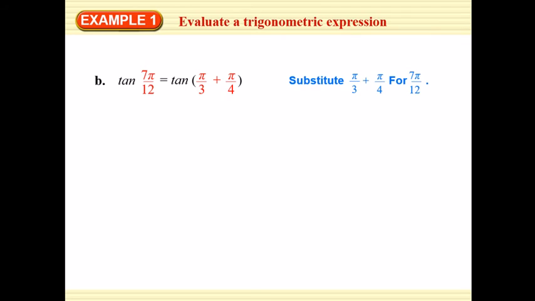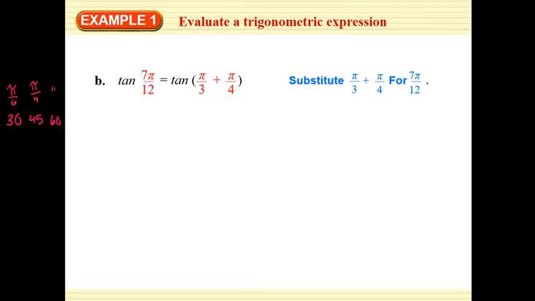So part B here, they're asking for 7 pi over 12, so that is signaling to me that when I go to my little table on page 853, it's going to be helpful to relate 30, 45, and 60. 30 degrees is pi, or that 180 degrees divided by 6. 45 is pi divided by 4.